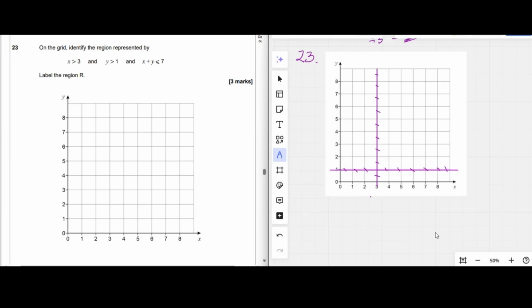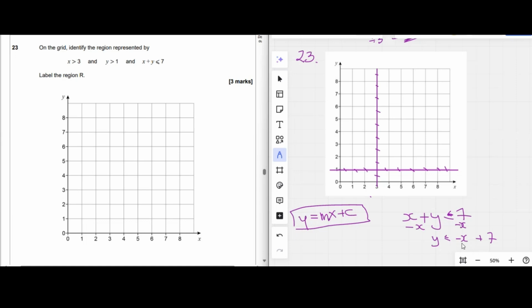And then x plus y less than or equal to 7, we need that changed, make y the subject, because the straight line is in this form and we want that form. So it will be negative x, let's put x at the front, and then plus 7, right? To move x, then negative x on both sides.